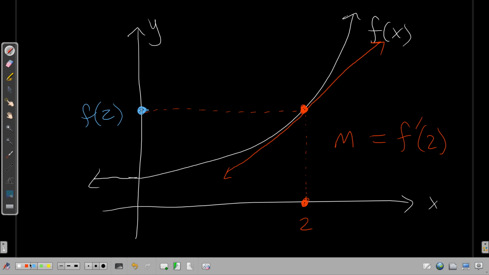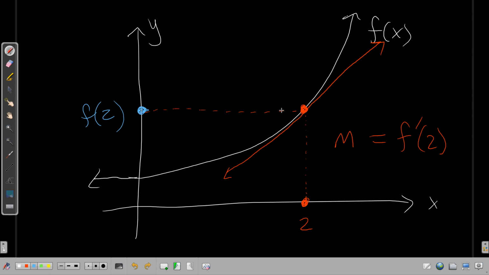Now the equation of the tangent line is a very close approximation to the curve near its point of tangency. You can see that this red line gets further and further from f the further away we get from this point.